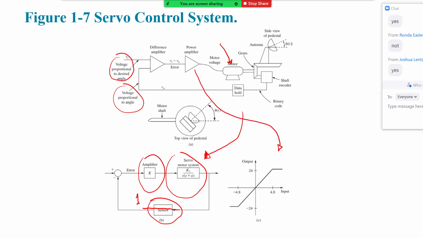If you apply a voltage between negative 4.8 and 4.8, it's linear, it's going to multiply the signal by 5. But if you apply any voltage above this value, the system is going to saturate. So you can see how this system within a certain range is going to behave linearly, but outside of that range is going to behave non-linearly.